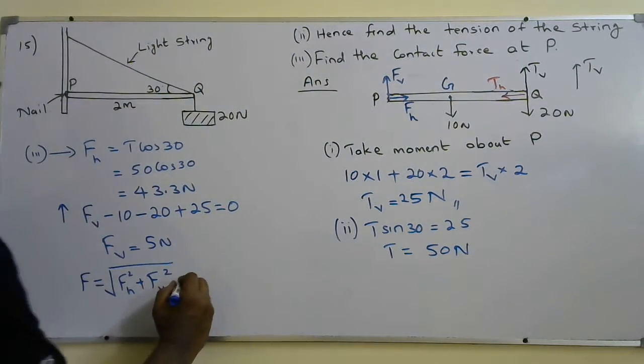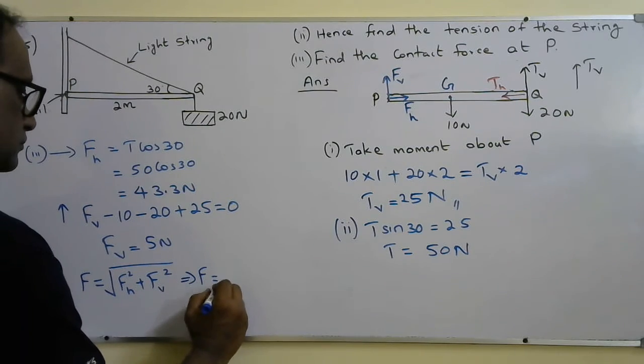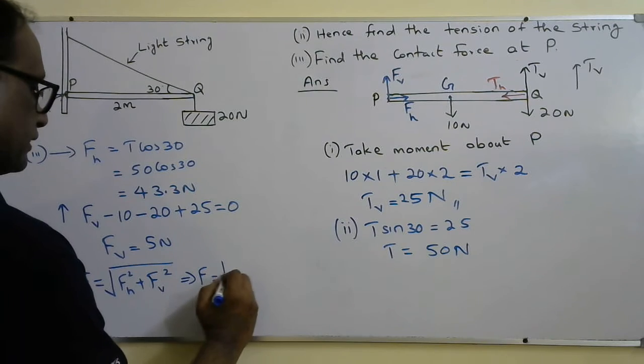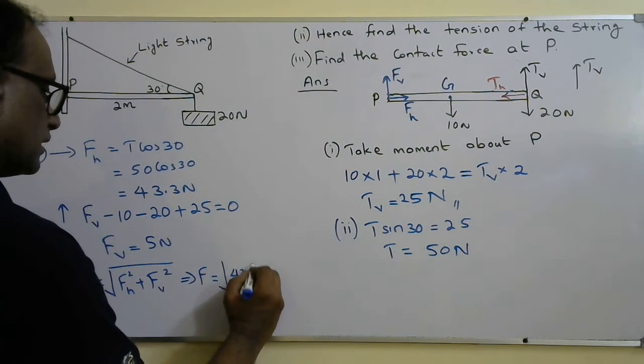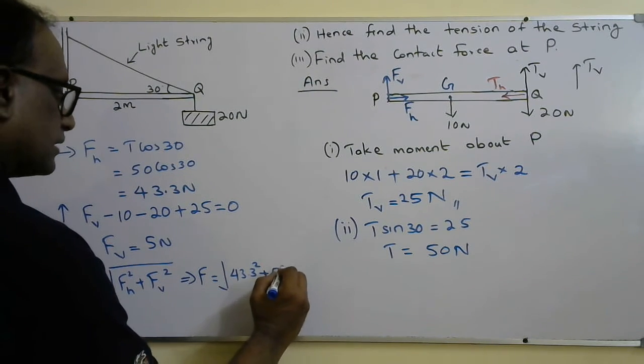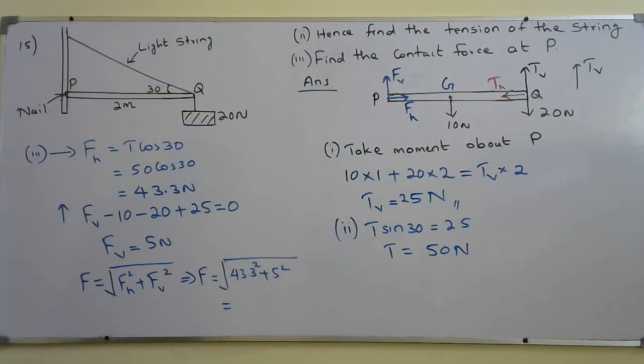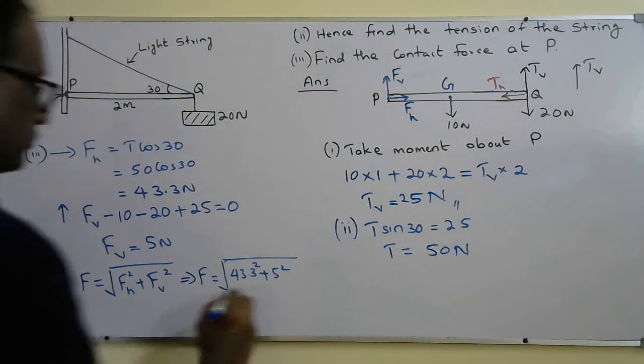So that will be 43.3 squared plus 5 squared. Yeah, 43.6 Newton.